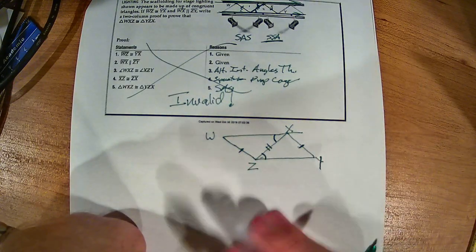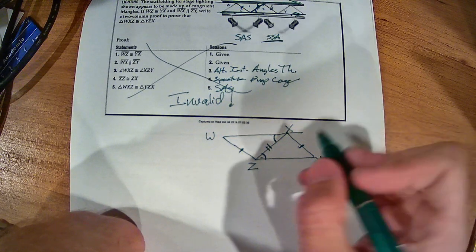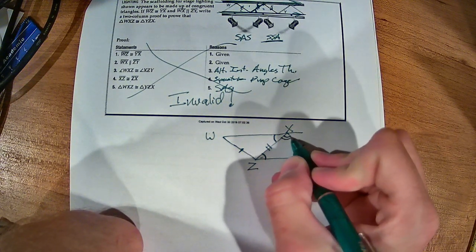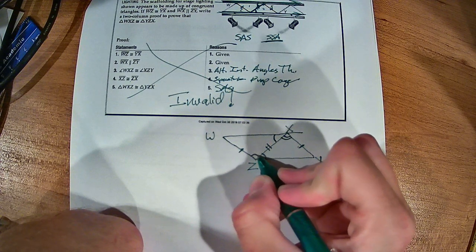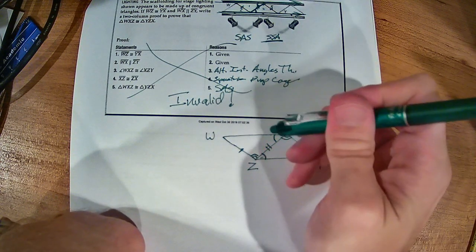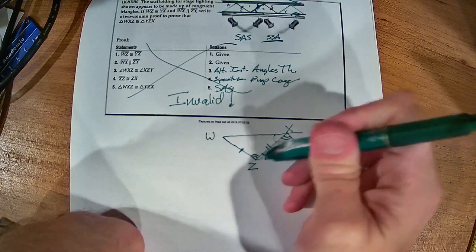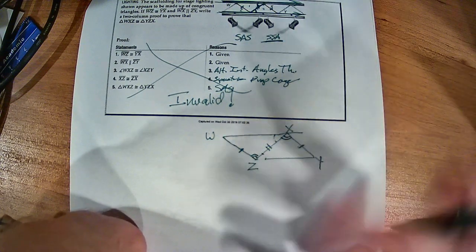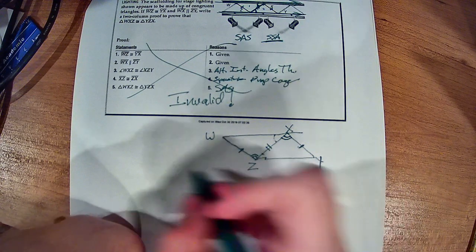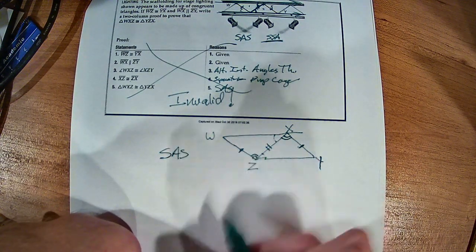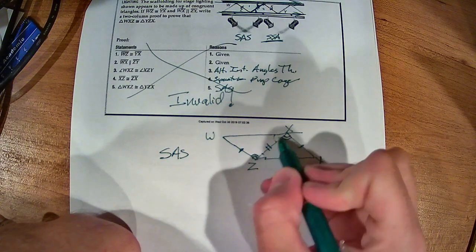Well, we could use a couple of things, right? It would be better if we could show, and I'm going to mark this angle here and this angle here. And then let's get rid of the one they gave us. If that's what we had been able to work out, then notice that would work for side, angle, side. We've got side, included angle, side. Side, included angle, side.